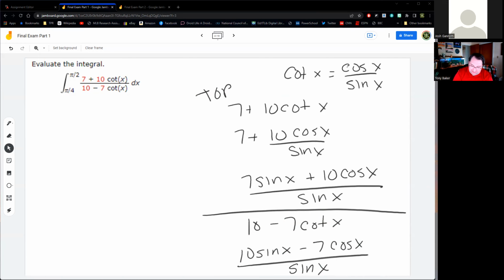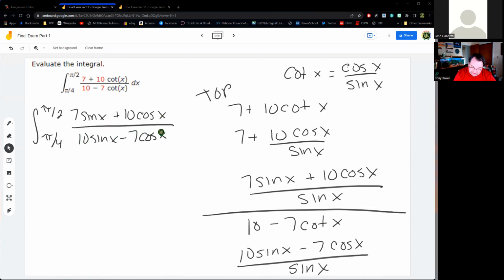So now that I have sine on the bottom of both of them, it can cancel itself out. So this problem becomes this problem. I have 7 sine x plus 10 cosine x over 10 sine x minus 7 cosine x dx.